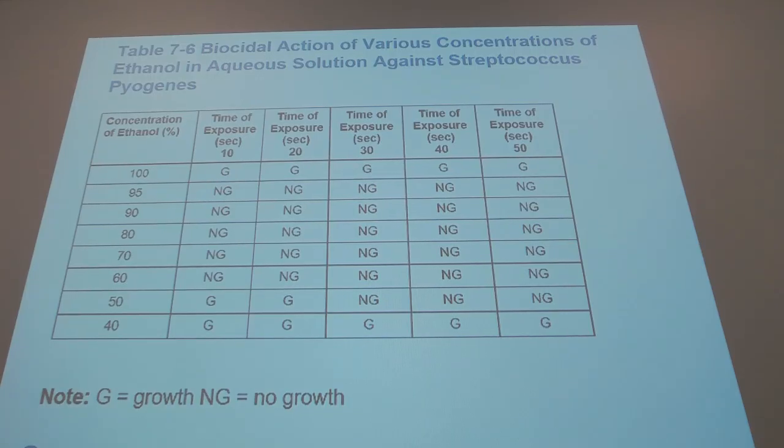Well, you need water to help create this gradient between the cytoplasm of the bacteria and the outside so that you can damage this plasma membrane. So you need to have water.